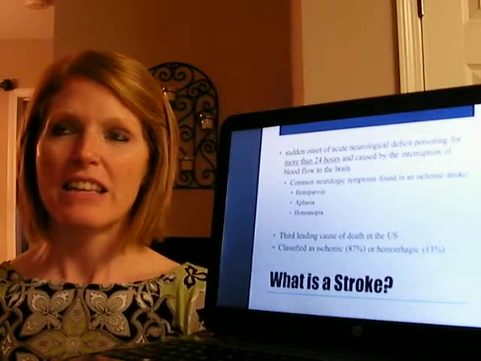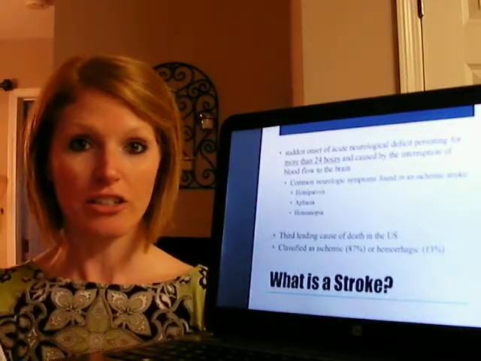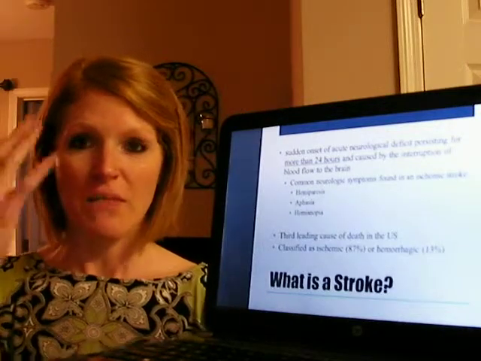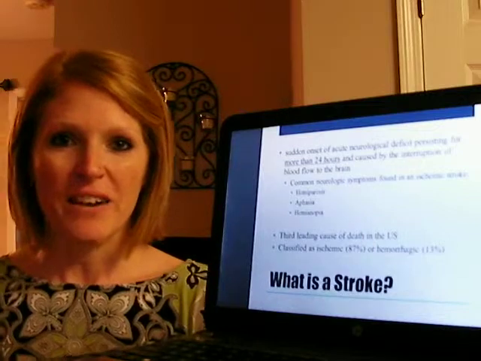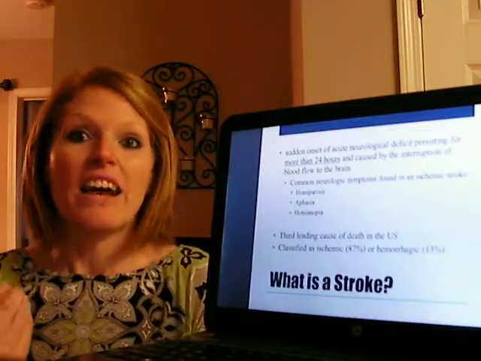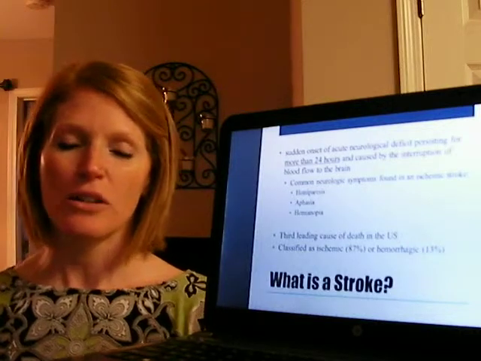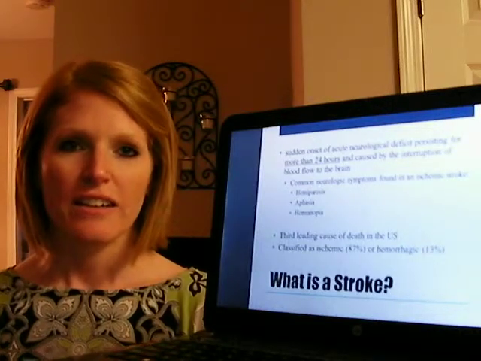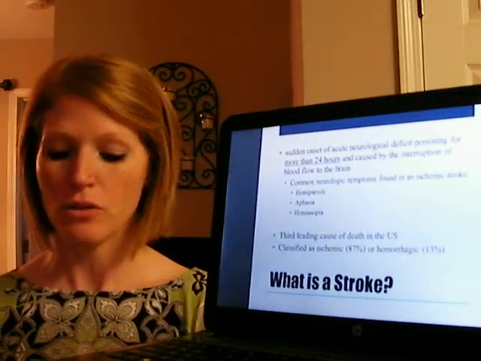So this is one of the most difficult things of a stroke because you have a patient and neurologically, in their mind, everything is normal. They can understand, but they can't get the words out. Or maybe they cannot understand it, but they seem normal on the outside. So with strokes it's very difficult to watch. But this is a common sign that we see with strokes.